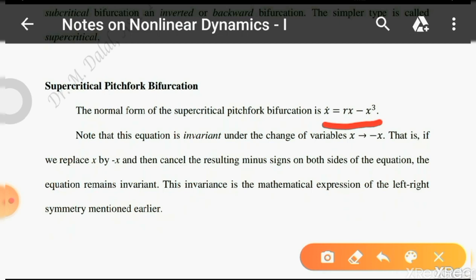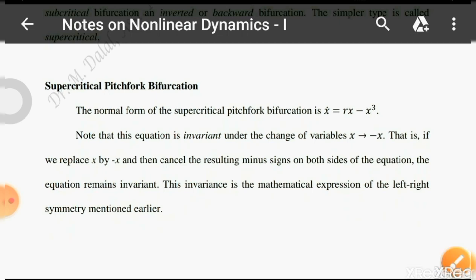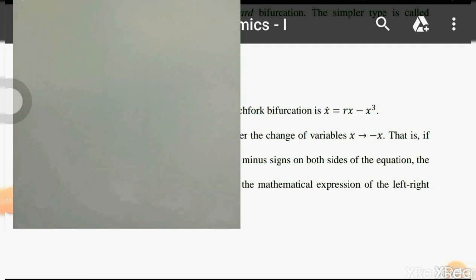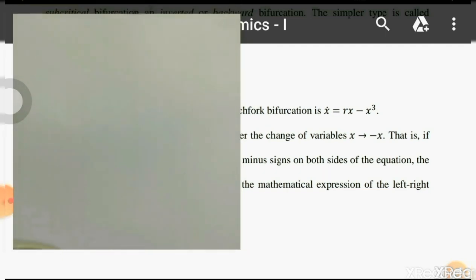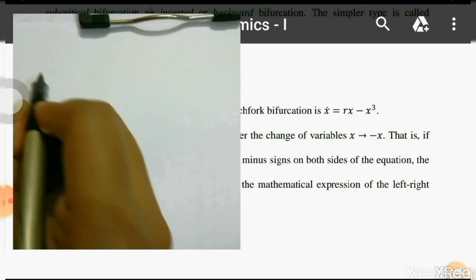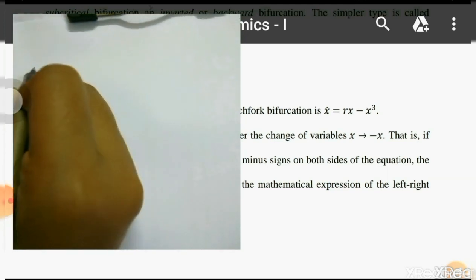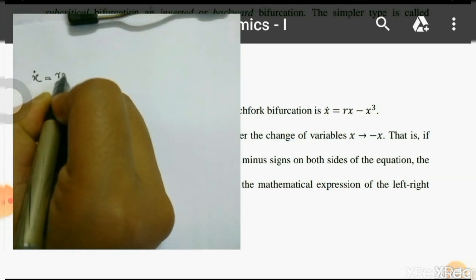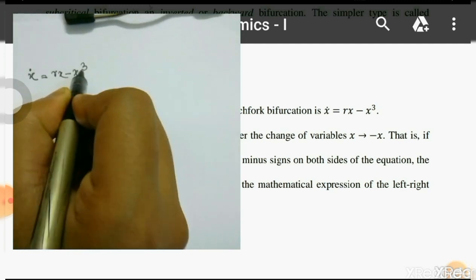If you look into the equation, you can see there is a symmetry in this equation. If we change x by minus x, for the supercritical bifurcation the equation is x dot equals Rx minus x cube.